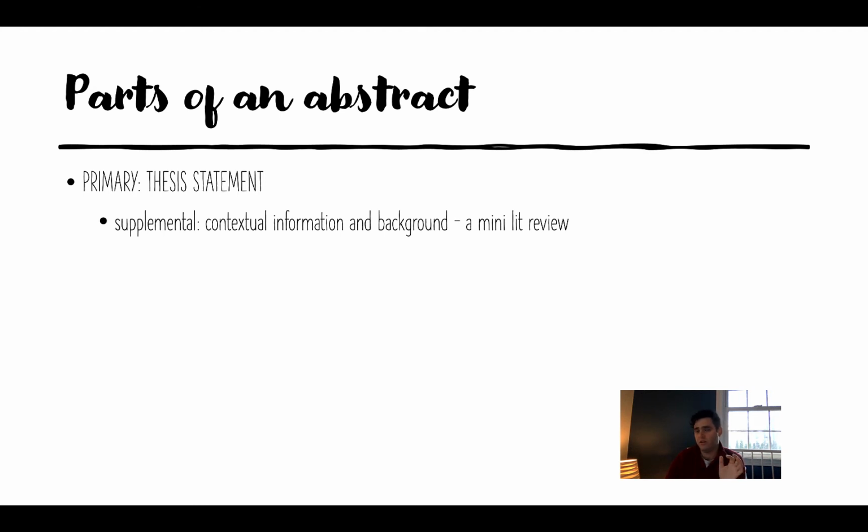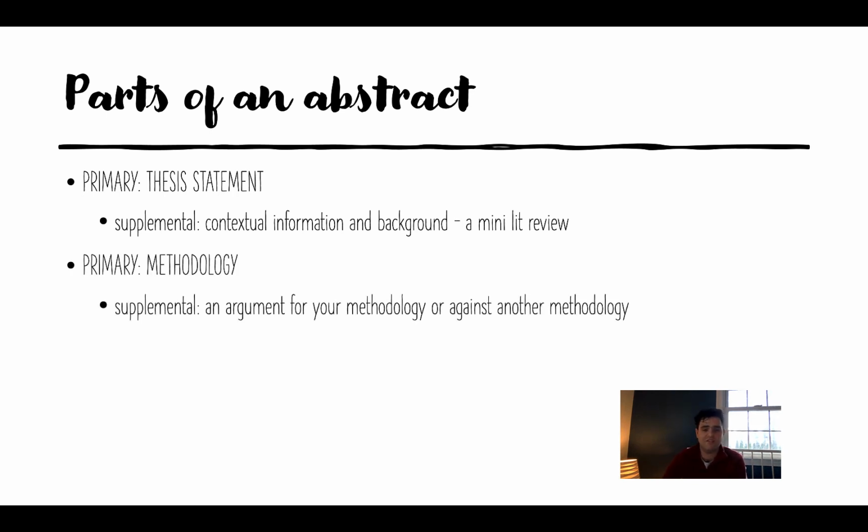You're giving information like, this is where I think my thesis statement fits into the broader literature about this topic. Do I think that I'm tackling a new idea? Am I revisiting an idea that others have talked about before? Am I critiquing the ideas of some other literature that's already out there, maybe some famous literature that you have a criticism of? Where does your topic fall within?